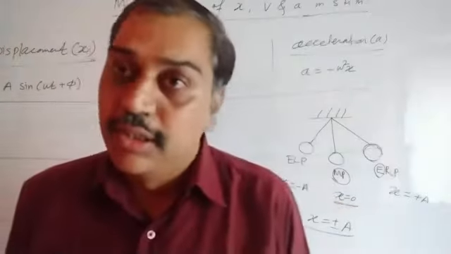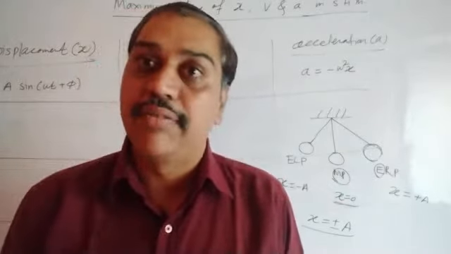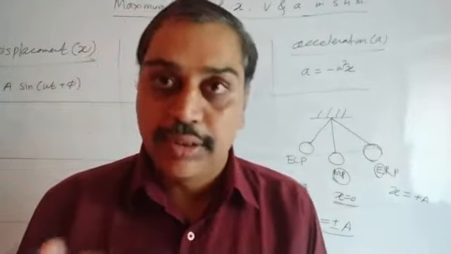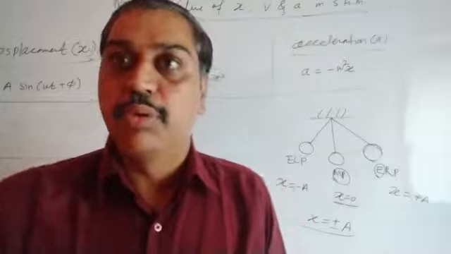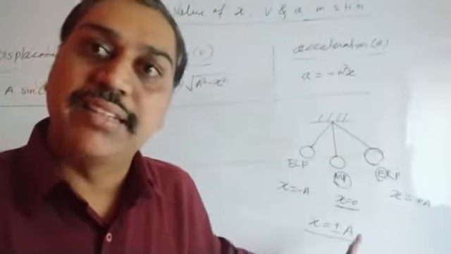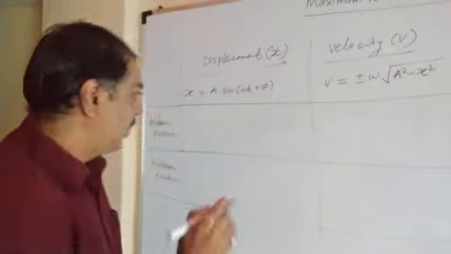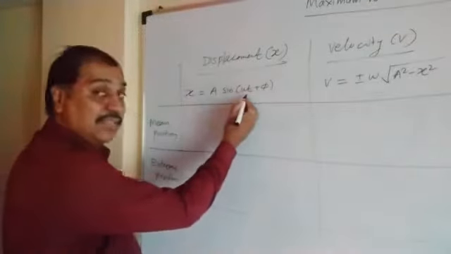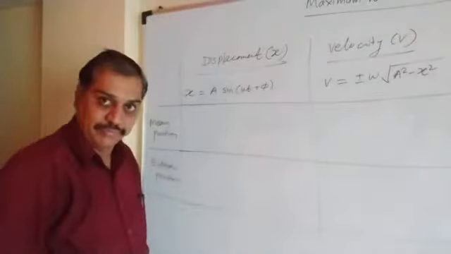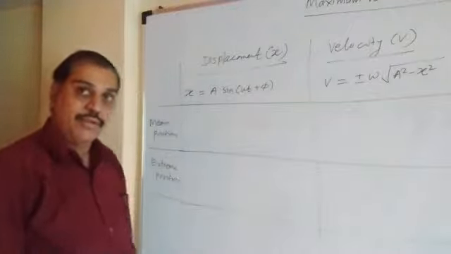Is that clear? As motion we are going to consider first starting from mean position, then we'll go for extreme. So as motion starts from mean position, x equals 0, put it here. As it started, time is 0.